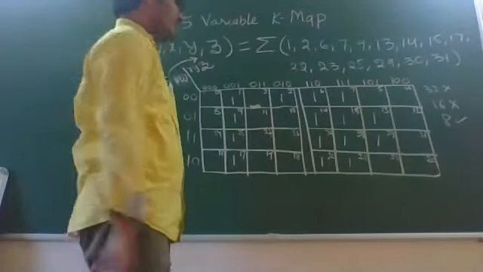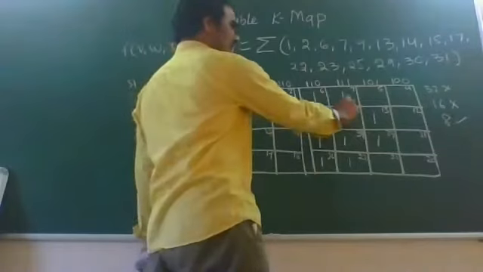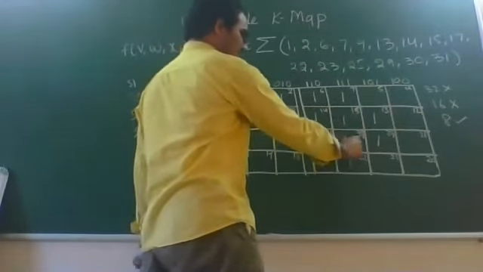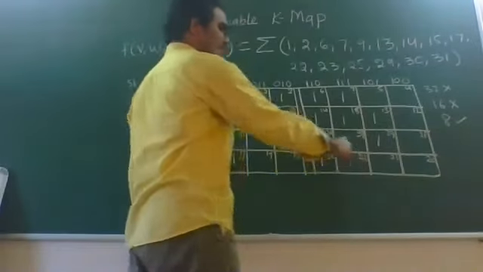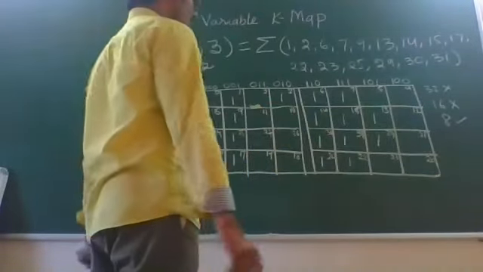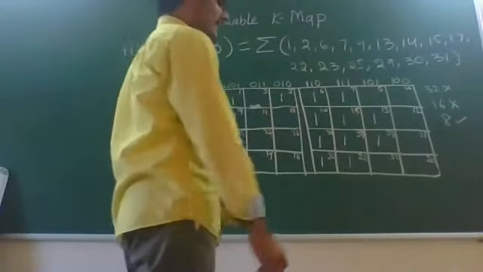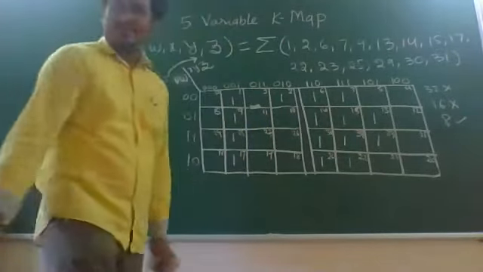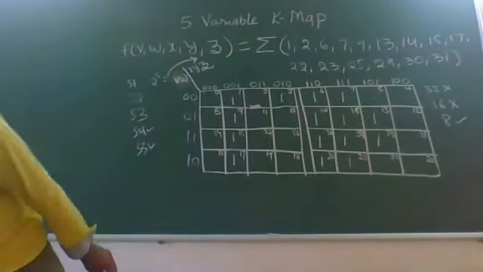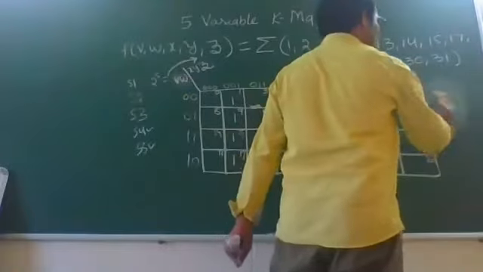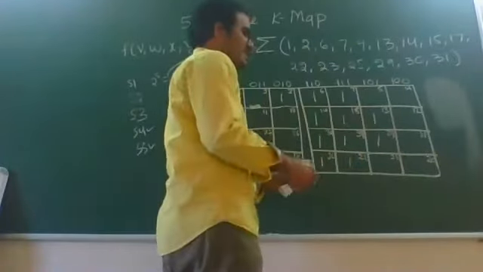How? Here we can take 6 and 7, 14, 15, 30, 31, 22, 23. Are they adjacent? How to check the logically adjacent? By writing their binary representation. Let me check whether they are adjacent or not. They look physically adjacent, but they must be logically adjacent.